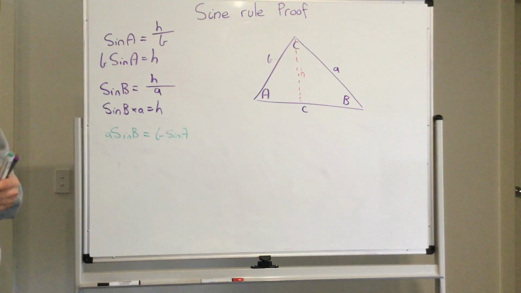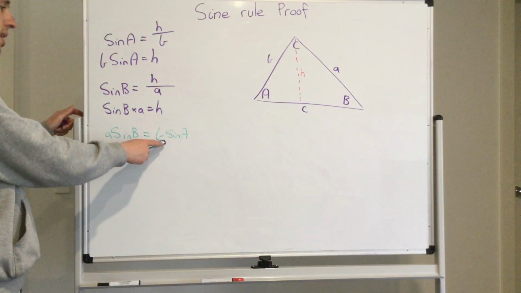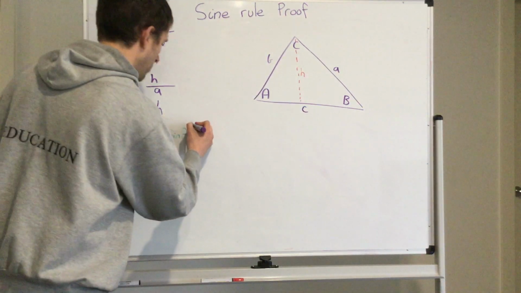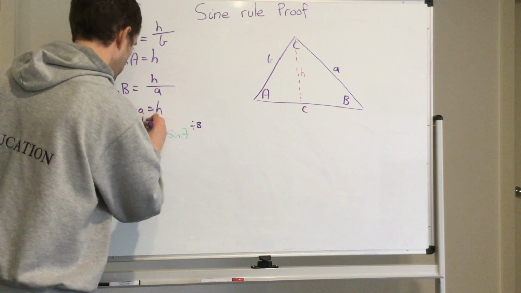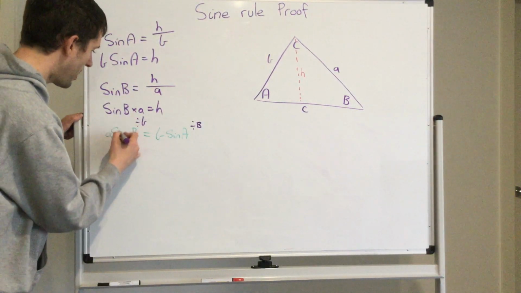The next thing I can do to solve this: this is timesing by b, so I'm going to divide both sides by b. This is timesing a, so I'm going to divide both sides by a.